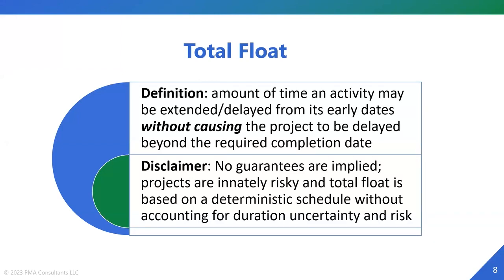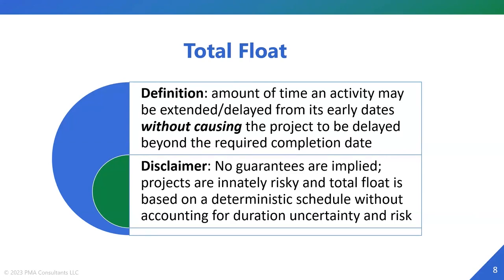Because I'm trying to improve on total float, I now have to have a caveat. In reality, total float, whatever total float you have, is based on one duration scenario. But because durations are inherently uncertain, you are calculating total float without considering uncertainty.